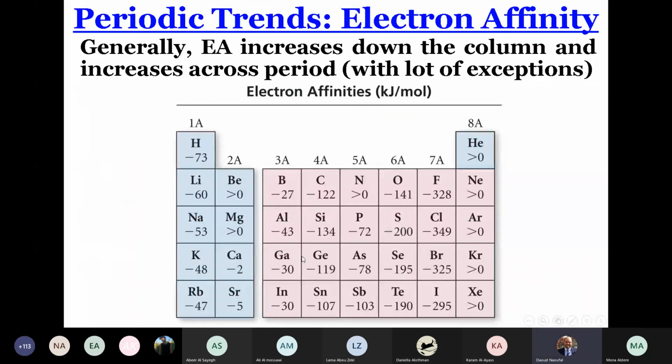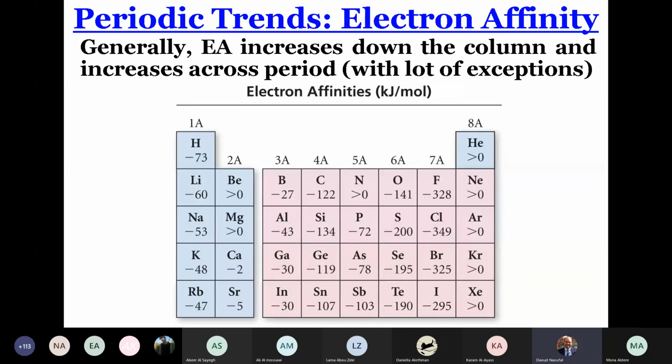So if we look, for example, at the periodic table, we observe that for some elements, the electron affinity is negative. For others, the electron affinity is positive. Consider one example, which is nitrogen.